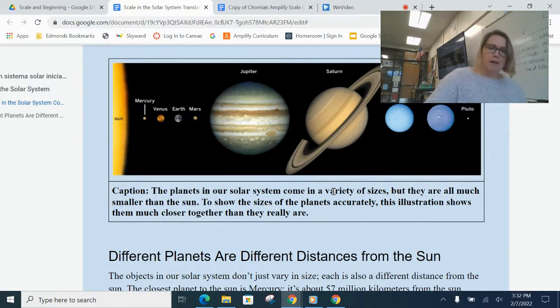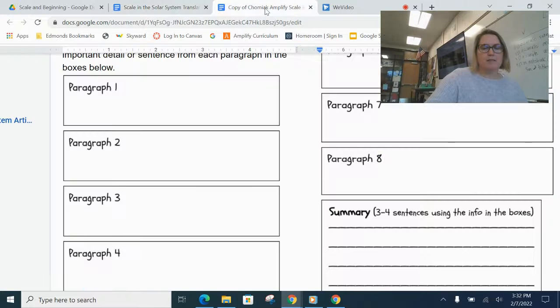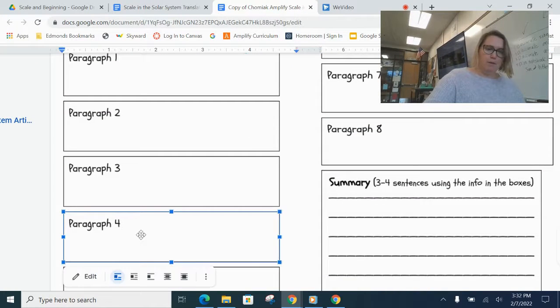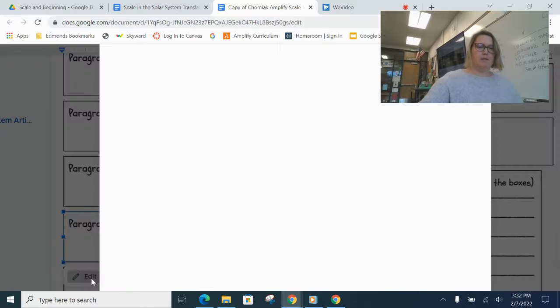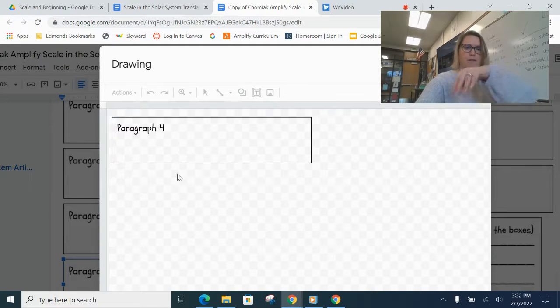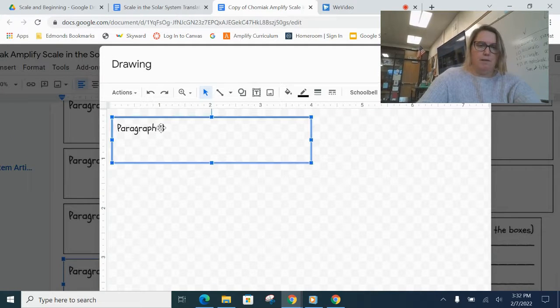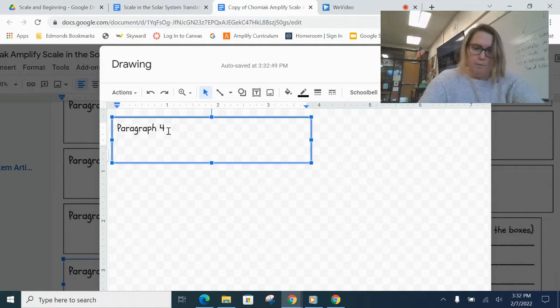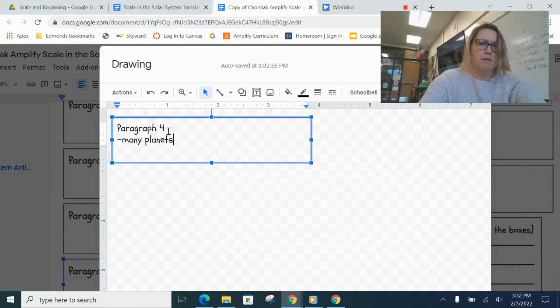Okay. Again, before I go on, if I'm typing this in, what I would do is I would go here, like for example, for my paragraph 4, I would hit edit and I would type it in. I'd find my thing and I'd type it in. Okay, and I wrote something like a bullet: many planets have moons that travel around them.